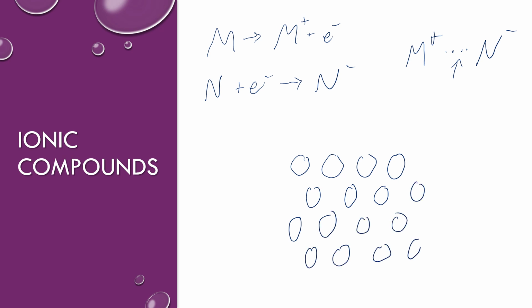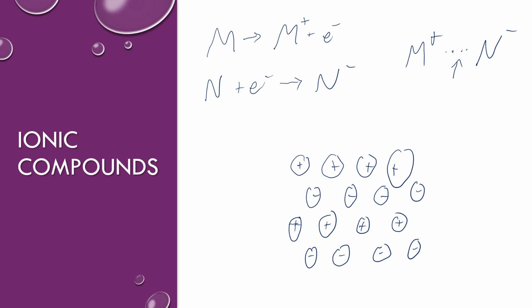So I will draw it out like this, but so you'll have positive and negative ions in a lattice, in a repeating structure, where they could be interacting with a number of different ions. So like maybe this negative one is interacting with this positive one, or maybe it's interacting with this positive one or one of the other ones. You're not really able to tell, and in reality it's going to interact with all of them.